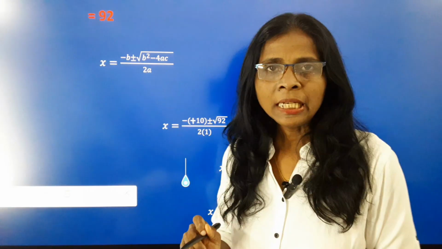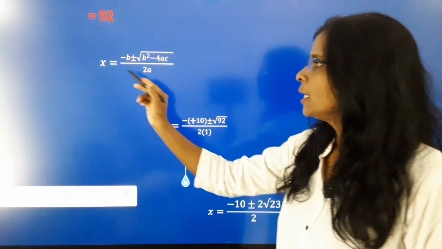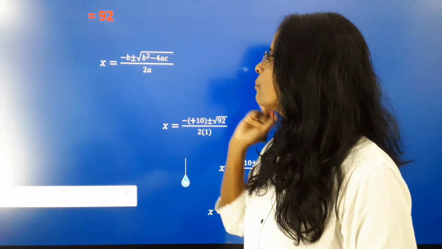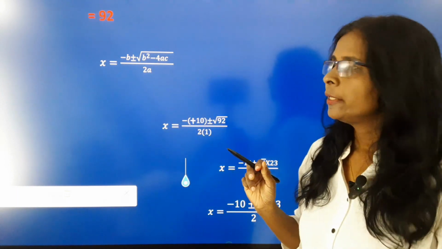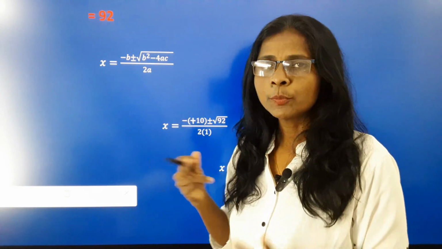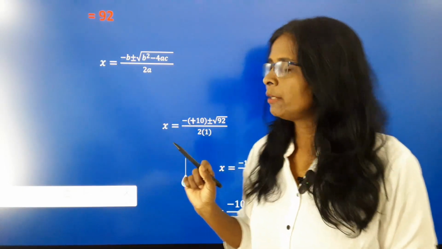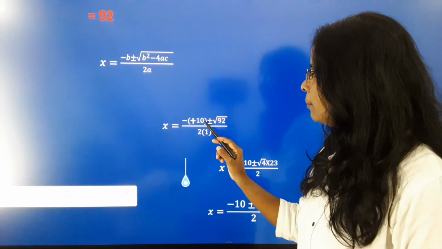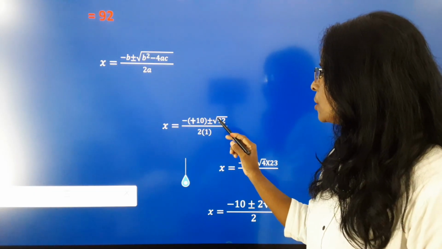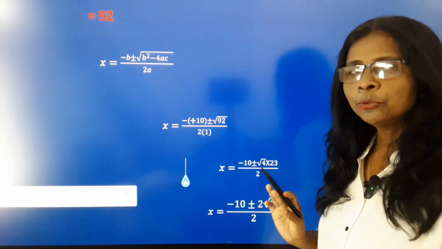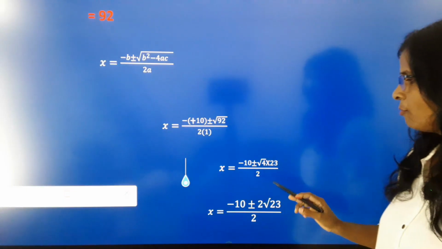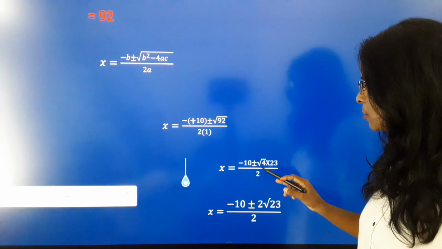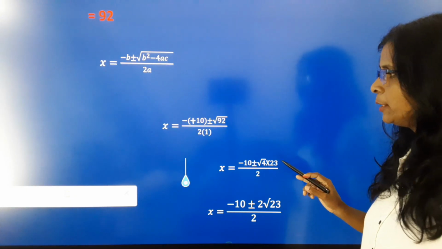Our next step is to write down the formula. x is equal to minus b plus or minus the square root of b square minus 4ac, divided by 2a. Now substitute the values in this equation. So x is equal to minus 10 plus or minus the square root of 92 over 2 multiplied by 1. Now here x is equal to minus 10 plus or minus the square root of 4 into 23.